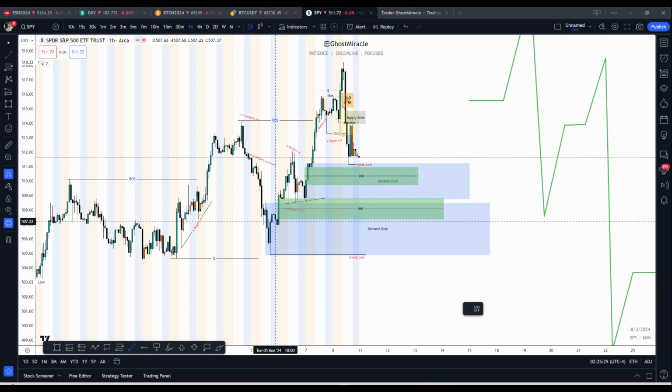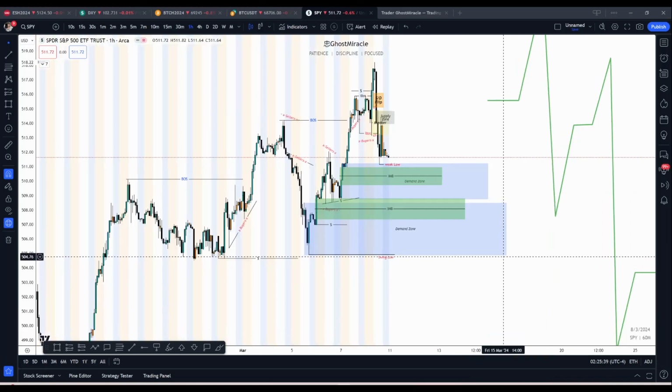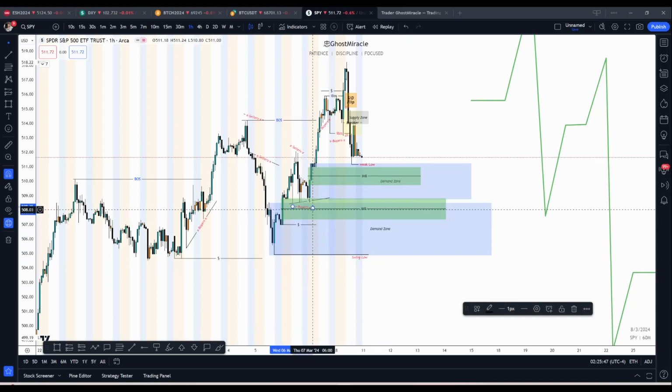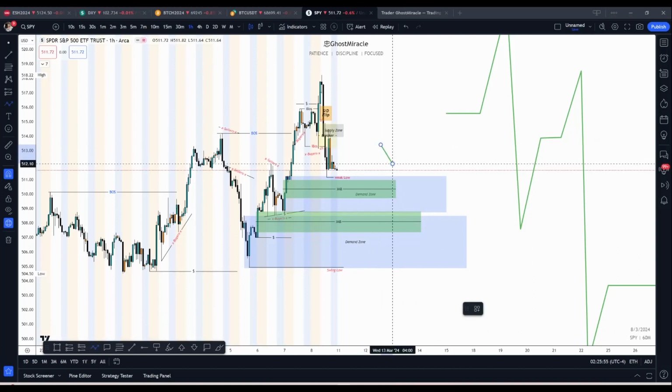A little bit of liquidity here. So with that, you have buyers still here, right? So I would expect price to do something like this, right?